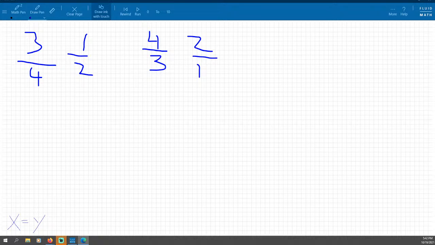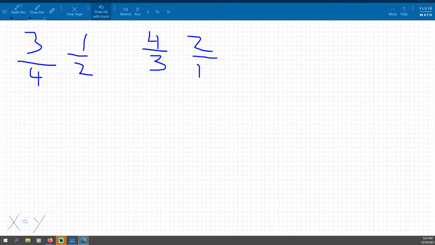And then what you want to do is convert these into mixed numbers.